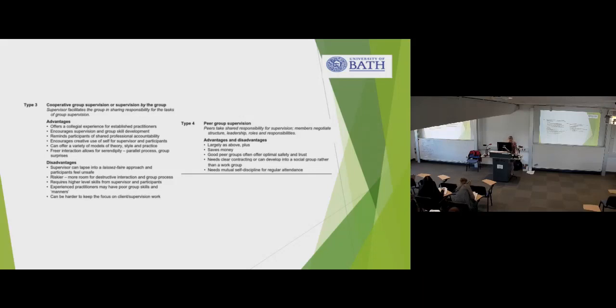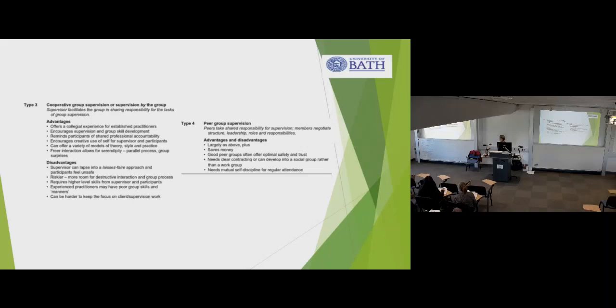And finally, at the other end of the spectrum, we've got peer group supervision, where there isn't a named supervisor and everyone takes responsibility for the supervision, and it's negotiated amongst people where there isn't one named person taking a lead. This can be really good, but I think the difficulty is that it needs really good self-discipline to be managed.